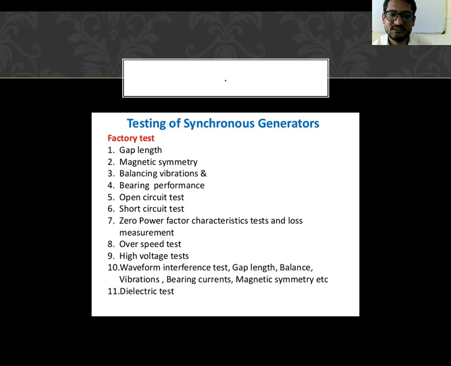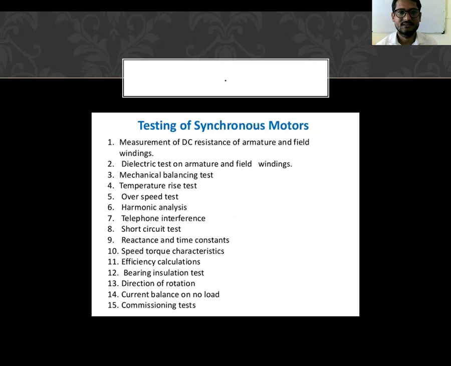After that, the SC test, then the ZPF test. Next, OST means overspeed test. After that, number 9 is the high voltage test, that is the HV test, and the 10th is the waveform interference test, gap length, balance vibration, bearing current, magnetic symmetry, etc. And the last one, the 11th, is the dielectric test.